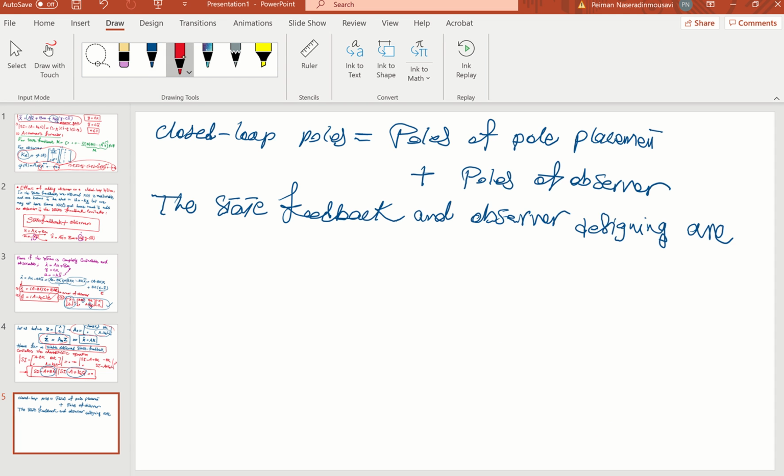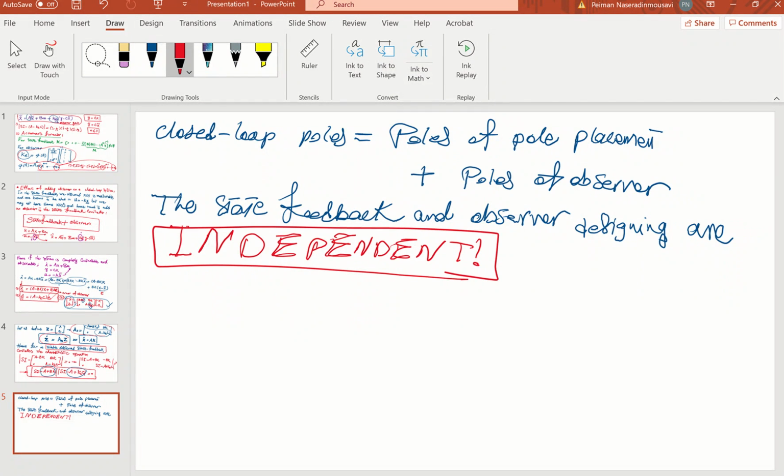As you can see, I'm gonna do in the MATLAB code, independent, they are independent. Okay. Understand?